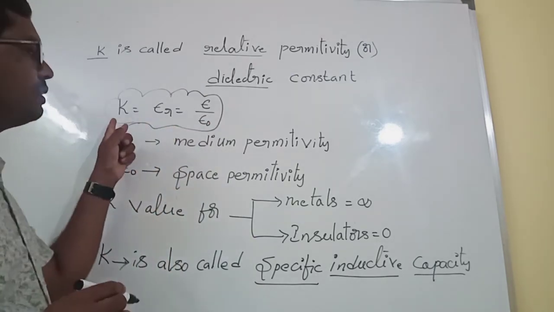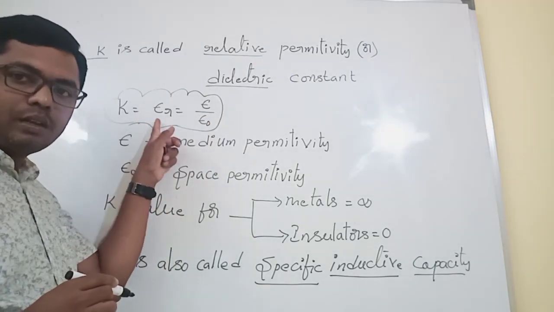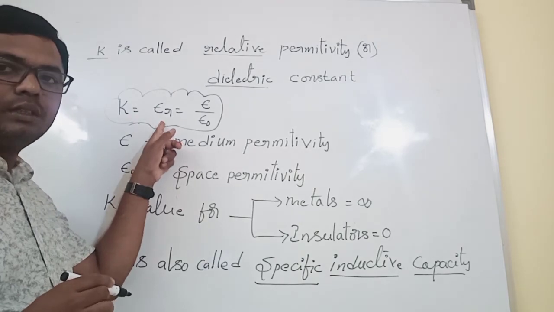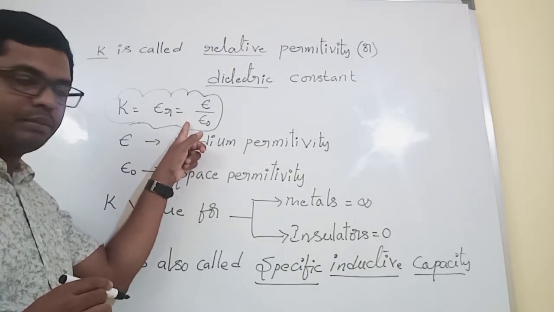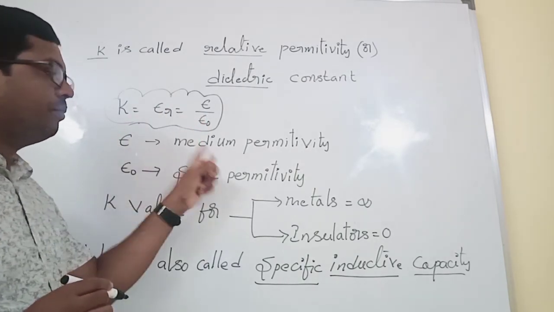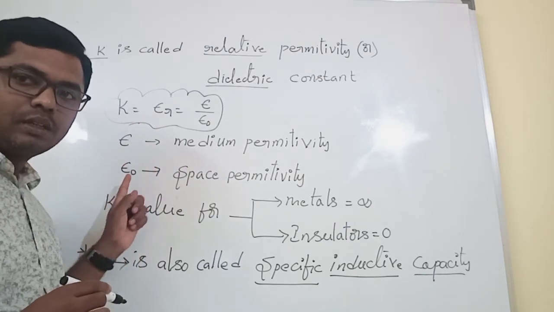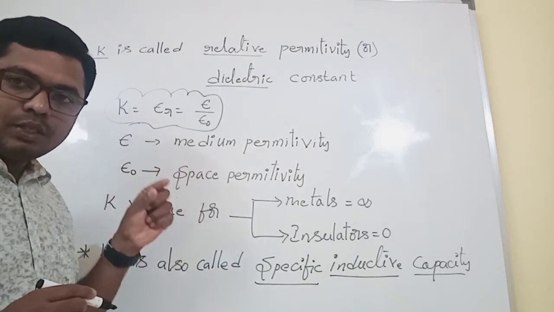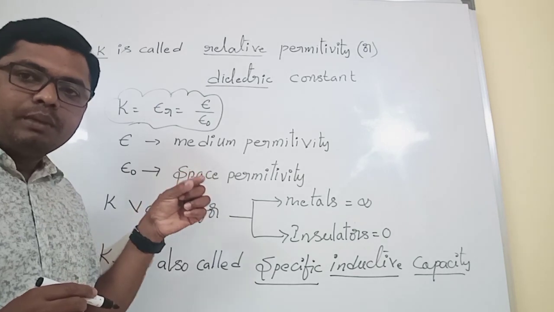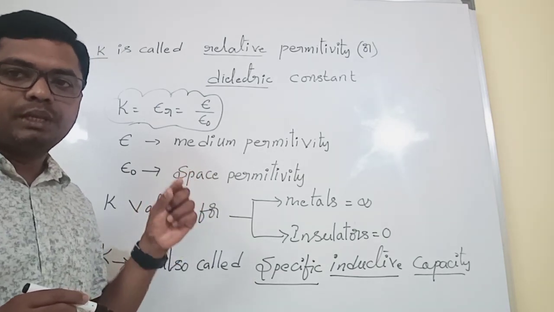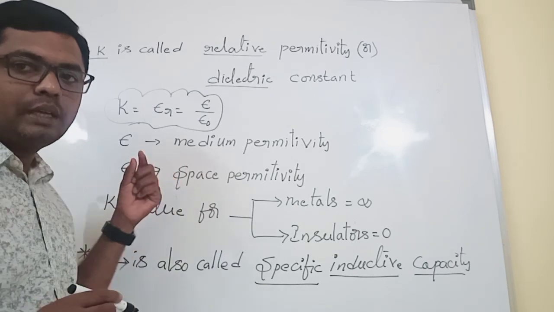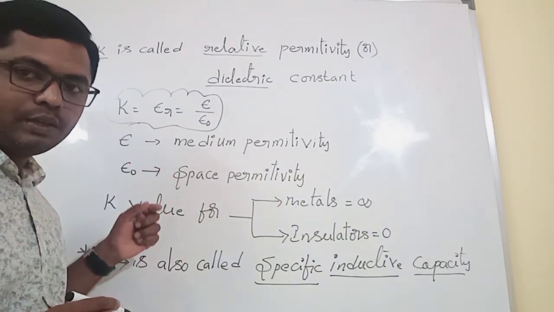K is nothing but the dielectric constant, also called relative permittivity, epsilon by epsilon naught. Epsilon is the medium permittivity and epsilon naught is the space permittivity. The ratio of medium permittivity divided by space permittivity is called the dielectric constant or relative permittivity.